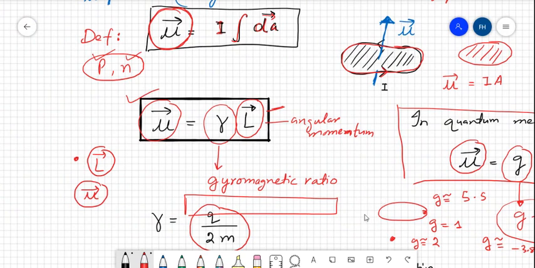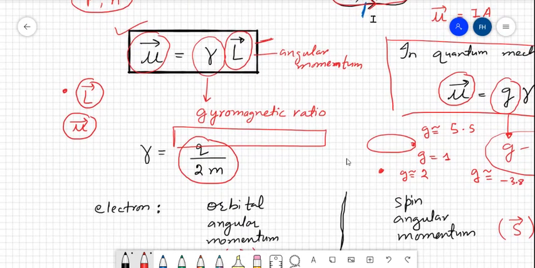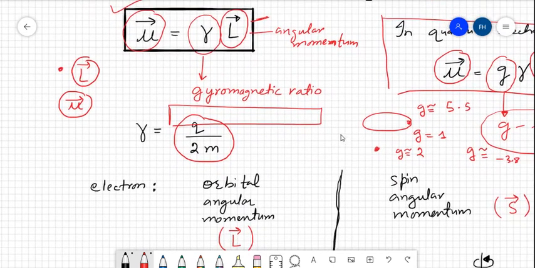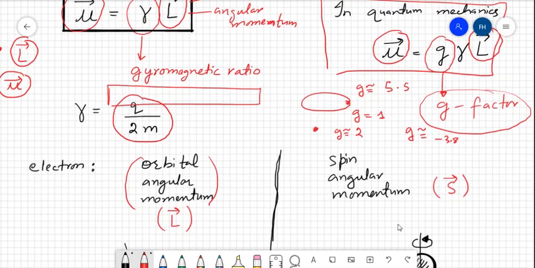Now because we are talking about the electron, in the case of the electron there are two kinds of angular momentum present. We can have either orbital angular momentum, which is denoted by the L vector, or we can have spin angular momentum.